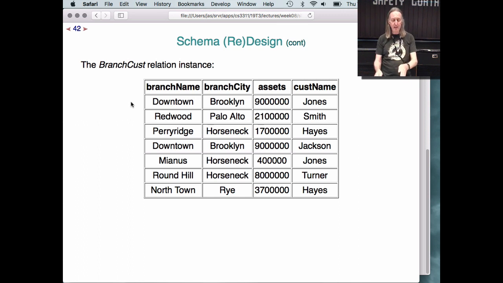If in doing this decomposition, we ended up with some tuples that were identical. So imagine that we just took branch name and branch city, we'd end up having downtown Brooklyn. Now remember that this whole relational model is all set based, so you'd end up with a single entry for downtown Brooklyn if you did the decomposition like that.